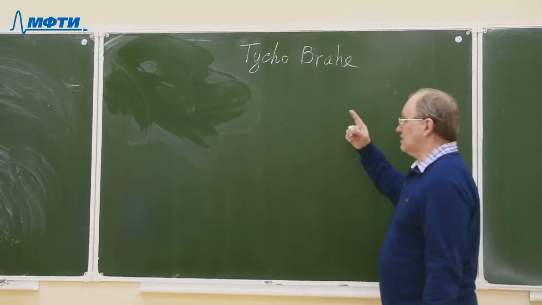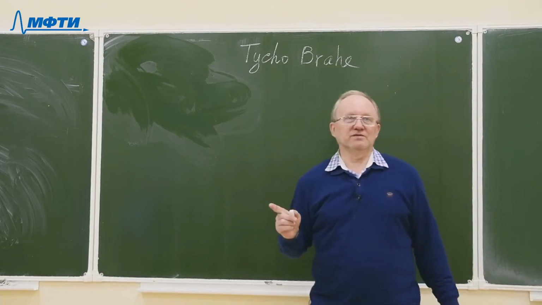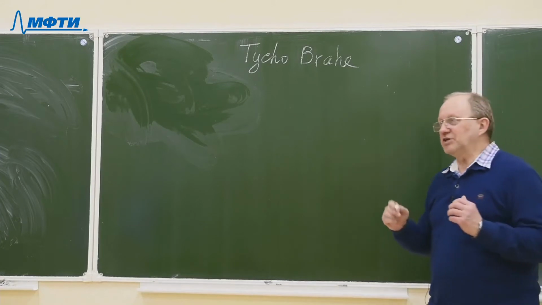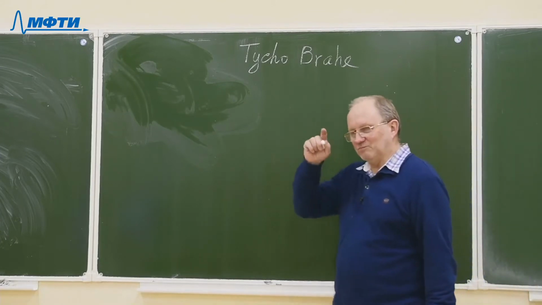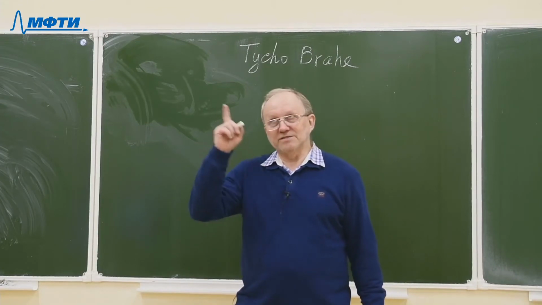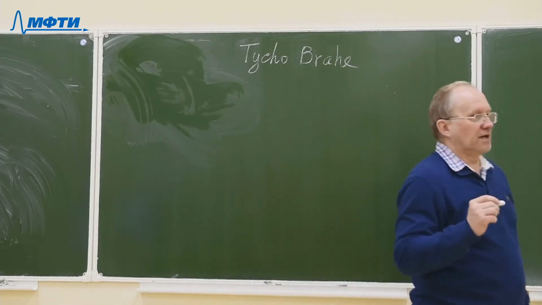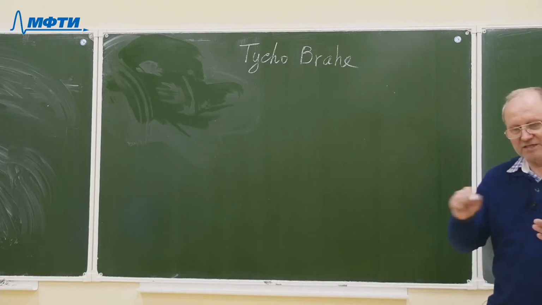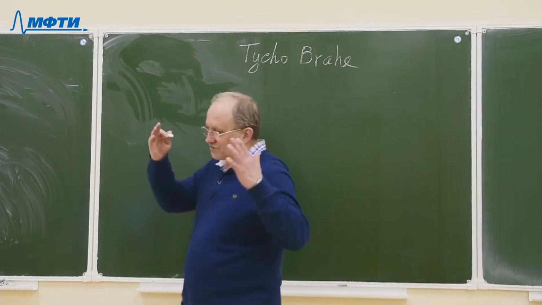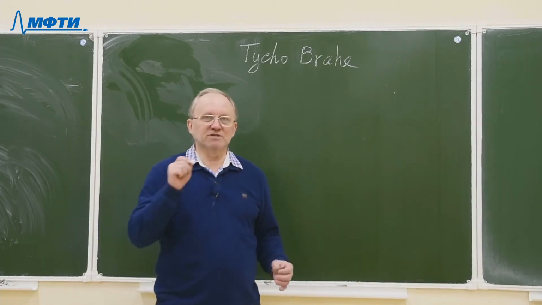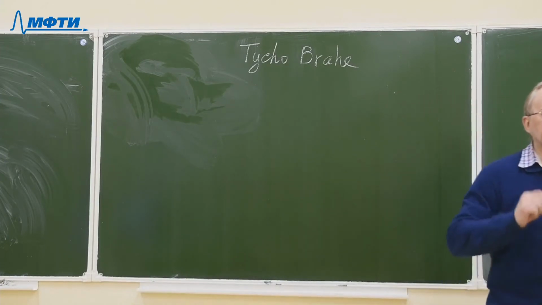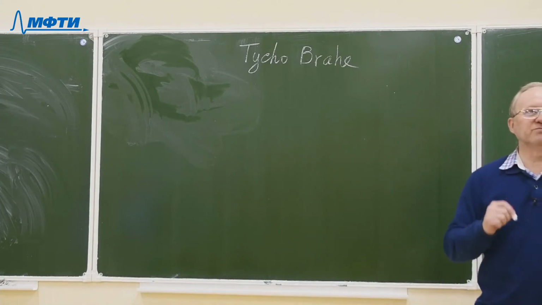And Tycho Brahe spent many years of his life observing planets each day, and he registered the coordinates of each planet on the sky. And he entered this data in special tables. He created a lot of tables with experimental data, containing coordinates of each planet for each day of observations during many, many years.